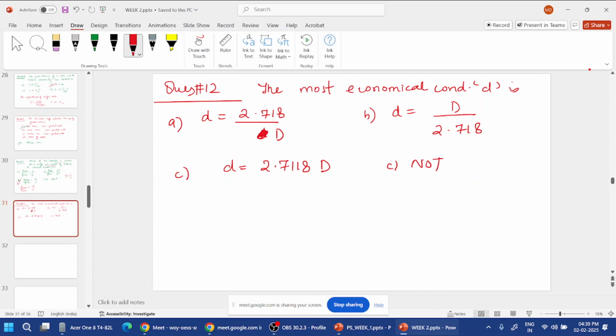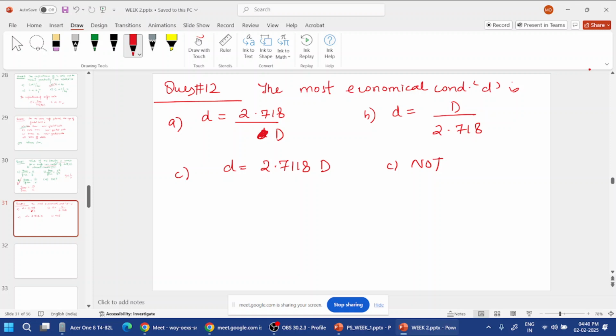So the answer to this is C. The most economical d is equal to 1 by r.